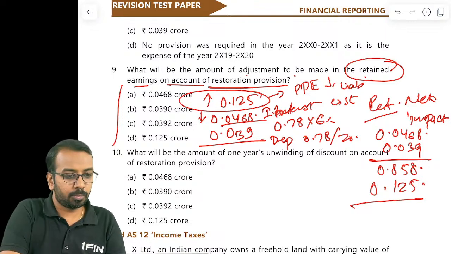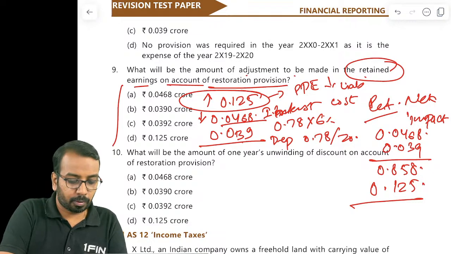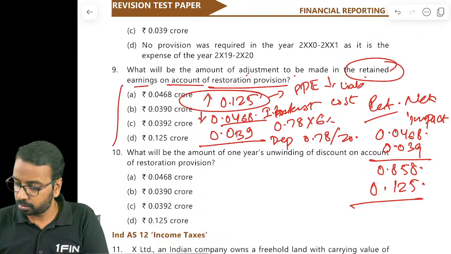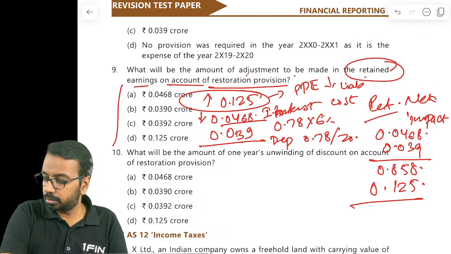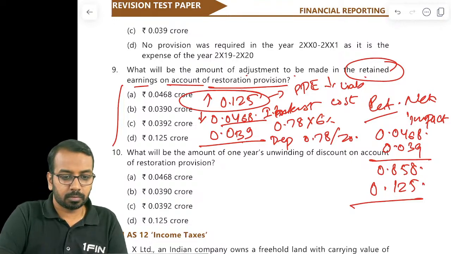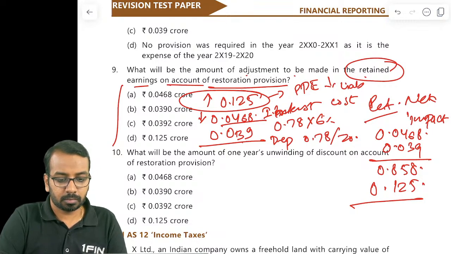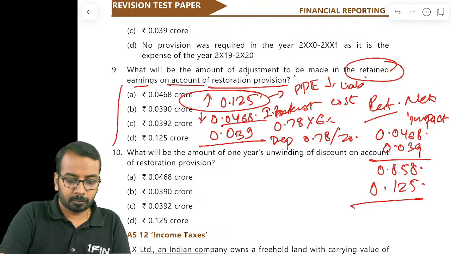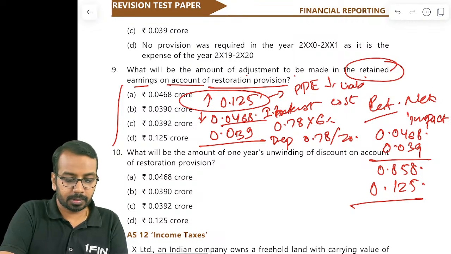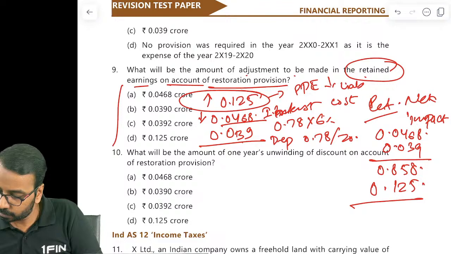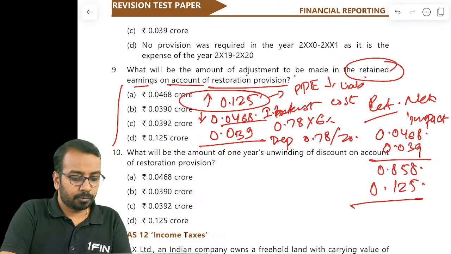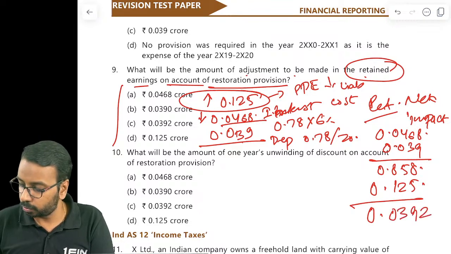So 0.0858 minus 0.1250, I get 0.0392. Okay, so this is the number.